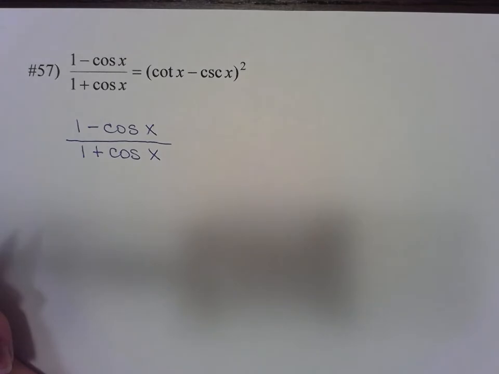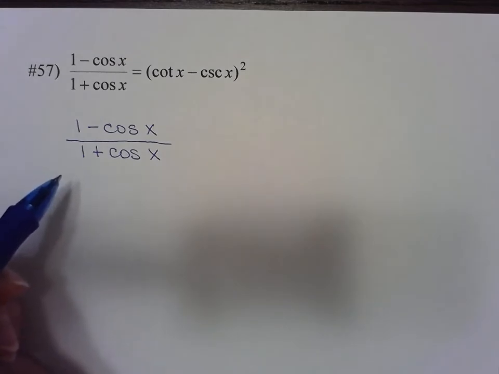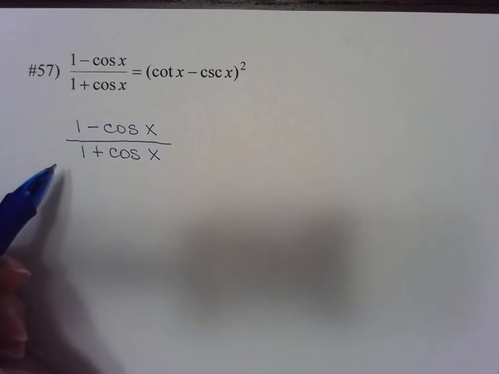To divide, sometimes with complex numbers and with radicals, it's very common to use that conjugate idea to divide. So I think it might be useful to do that here.